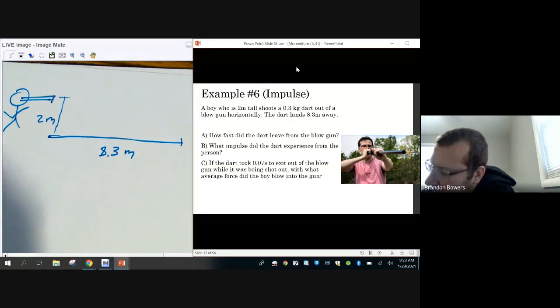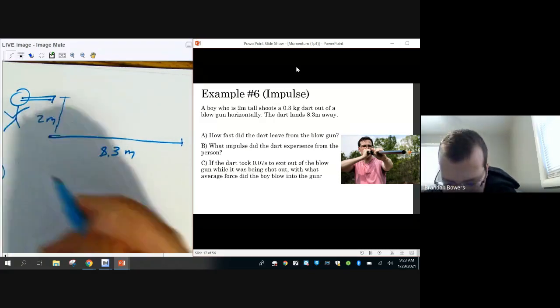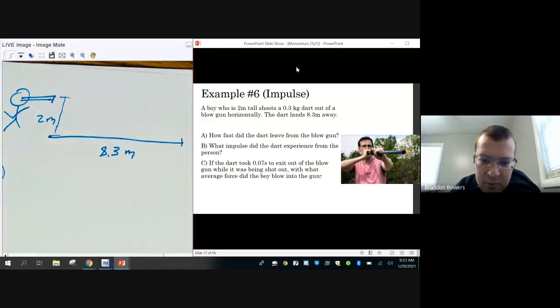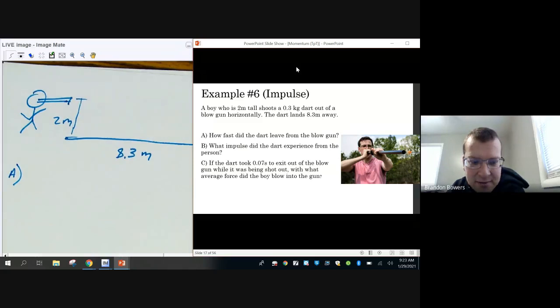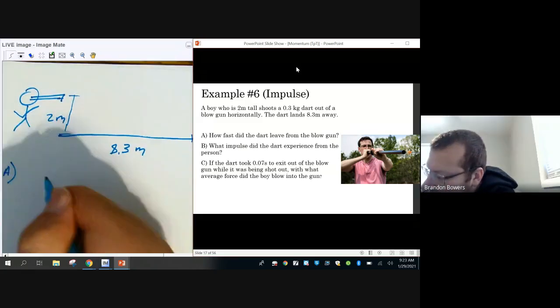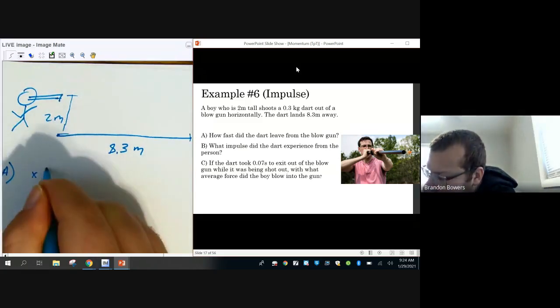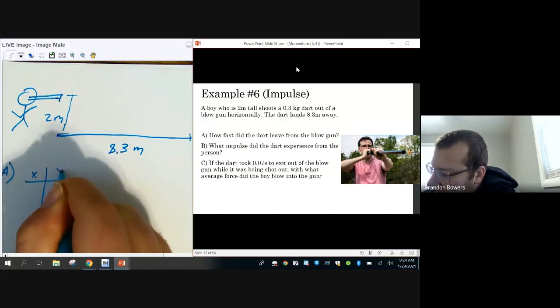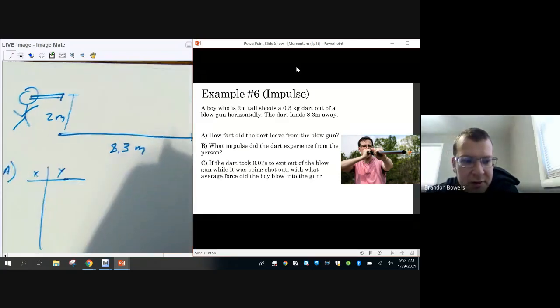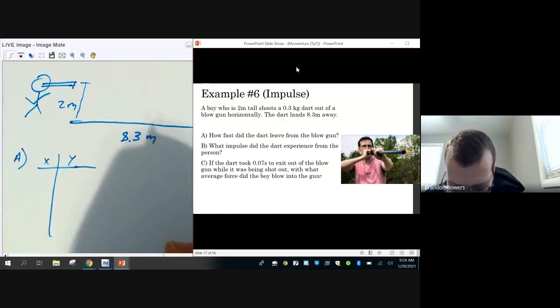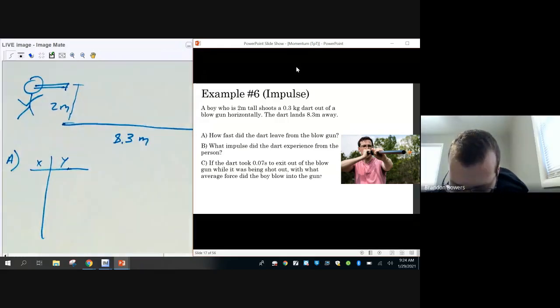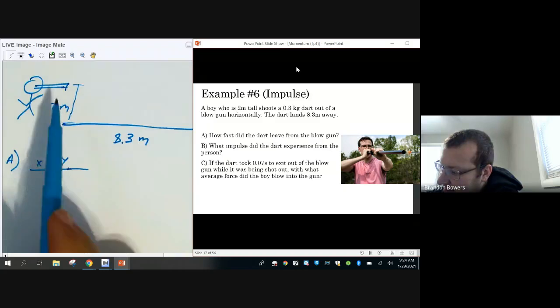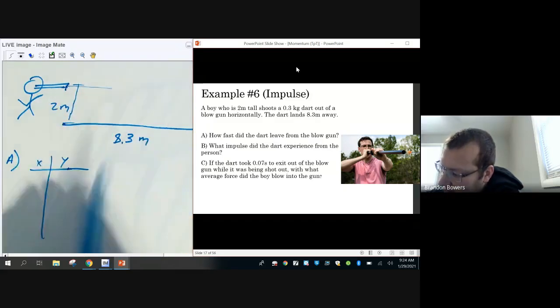Now, what we have to consider is that when looking at projectiles, we have to look at things in the x direction and in the y direction. What all do we know? Well, we know my acceleration in the x is 0, right?